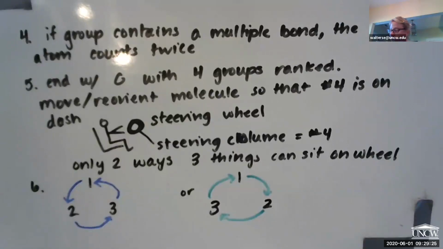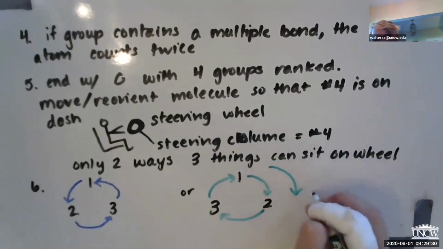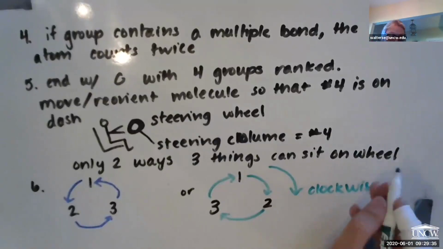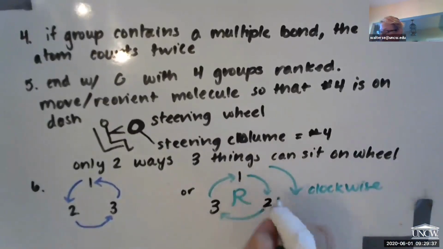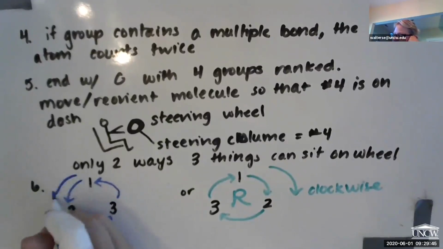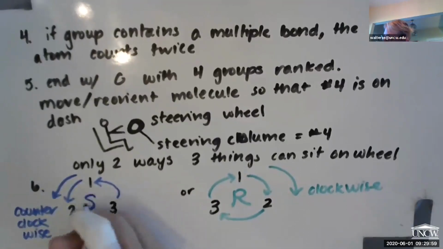So this one is going this way, clockwise, which is turning to the right. So this orientation is called R. This one is going this way, which is counterclockwise, but it's not given an L. It's given an S.